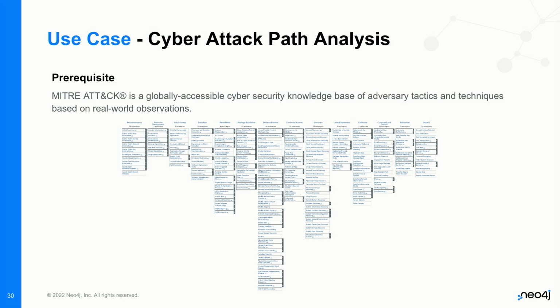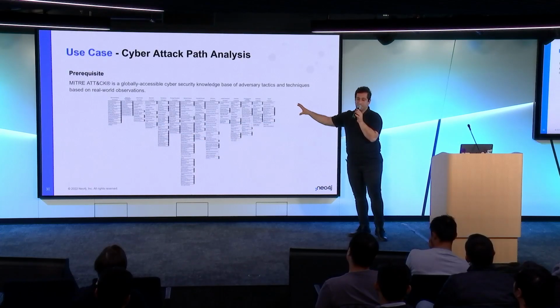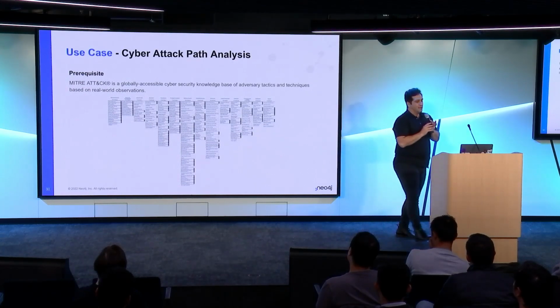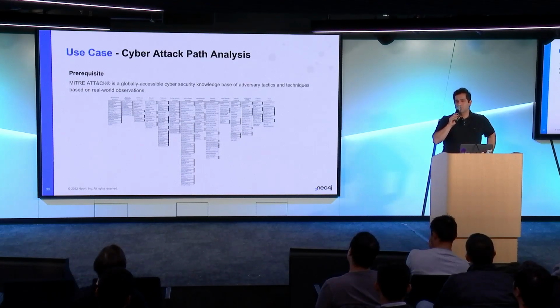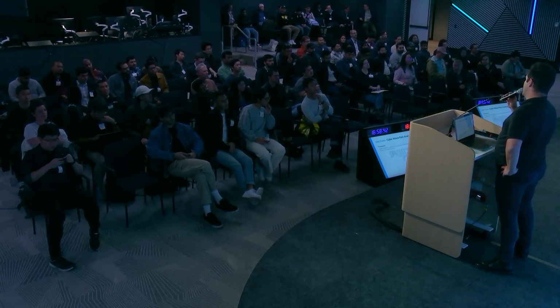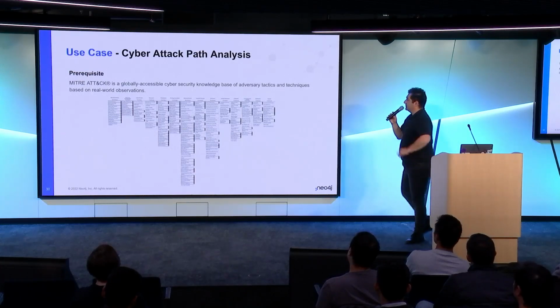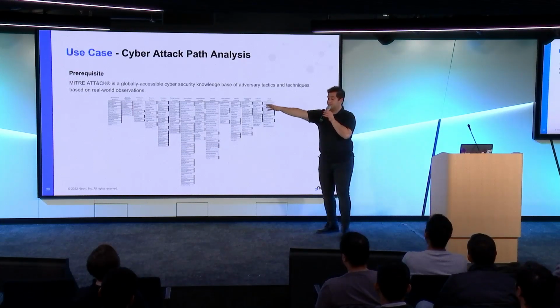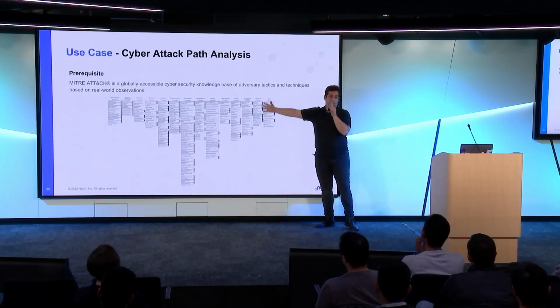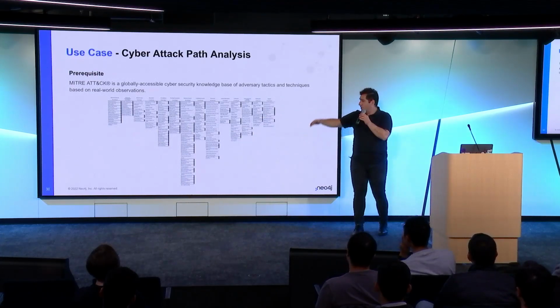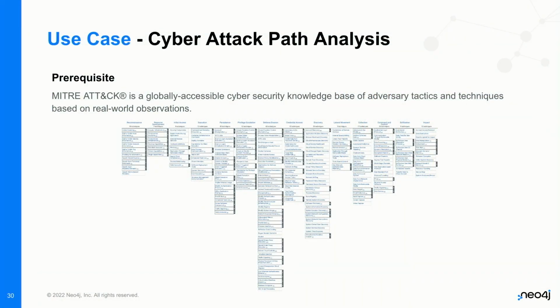Cyber attack path analysis. I put this one here because it requires a little bit of prerequisite before I go through it. Has anyone heard about MITRE ATT&CK? Perfect. MITRE ATT&CK is pretty much a framework at the enterprise level that explains how an attack happens, from initial access all the way to exfiltration and impact. There are lots of techniques and tactics, so I'm definitely not going through each.